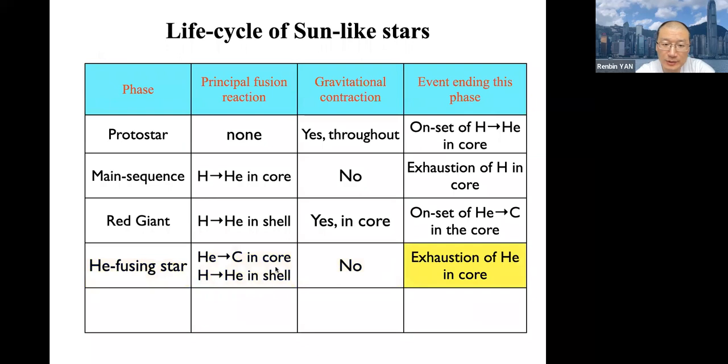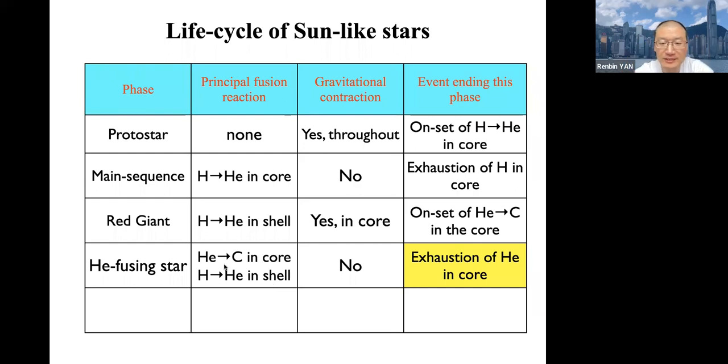And although there is some hydrogen producing more helium in a shell around the core, that process is not fast enough. You do produce some helium outside, but the temperature in the shell is not hot enough to start helium fusion, so only in the core region can you fuse helium into carbon.